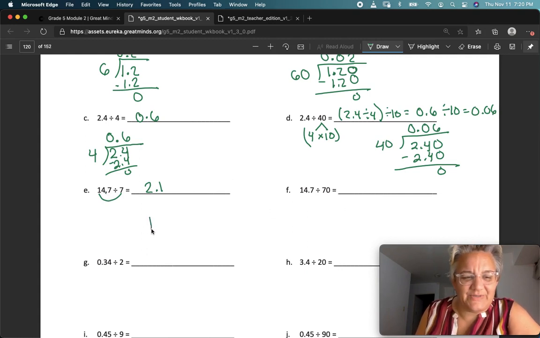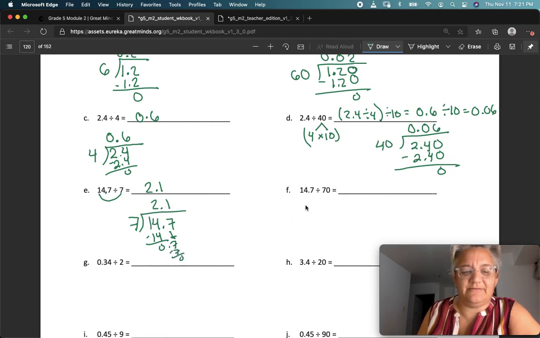And I can show you that here. 7 goes into 1, 0 times. 7 goes into 14 two times. 2 times 7 is 14. Bring down the 0. Then I have to bring down the 7/10. 7 into 7/10 goes one time. 1 times 7 is 7 and 0. Okay?